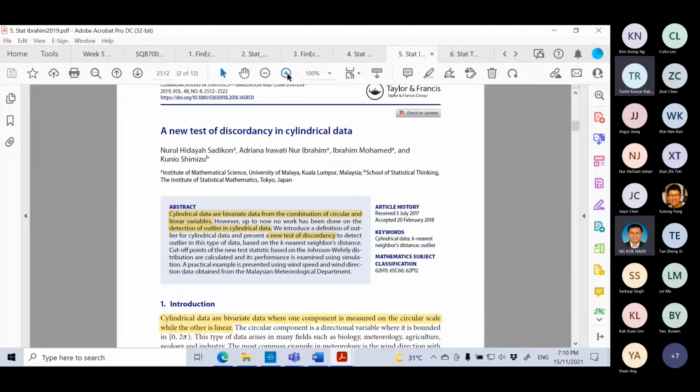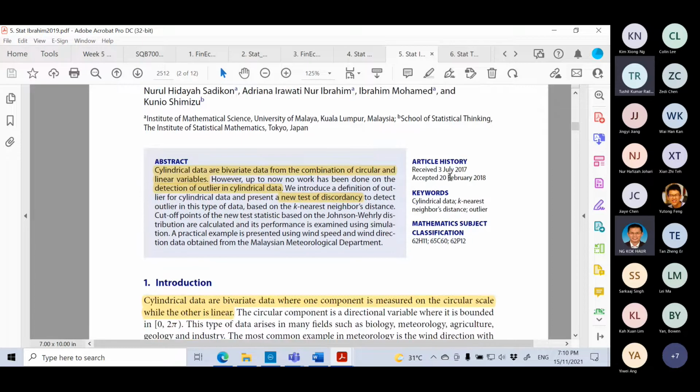I just highlight a few points here. They say that cylindrical data is a combination of two types of variables, one circular and another linear, which together form bivariate data. However, up to now, no work has been done on the detection of outliers in cylindrical data.